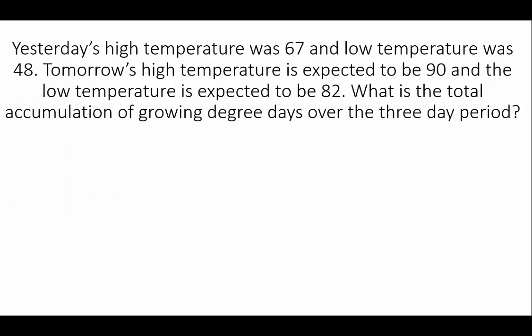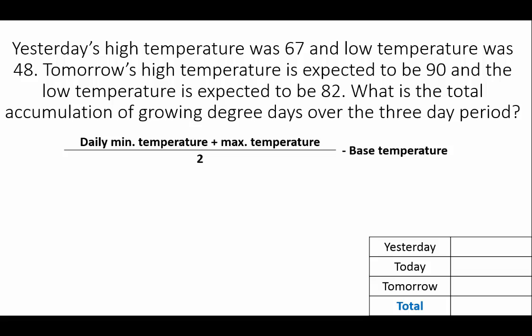Let's try another example so we can see how accumulation of growing degree days works. Yesterday's high temperature was 67 degrees and low temperature was 48. Tomorrow's high temperature is expected to be 90 degrees and the low temperature is expected to be 82 degrees. What is the total accumulation of growing degree days over the 3-day period? Let's start by calculating yesterday's growing degree days. First, check the range. 67 is fine, but 48 is below our minimum temperature of 50.